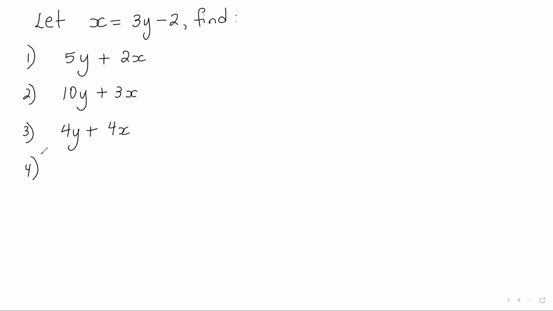So you'll let x equals 3y minus 2. Find 5y plus 2x, 10y plus 3x, 4y plus 4x.